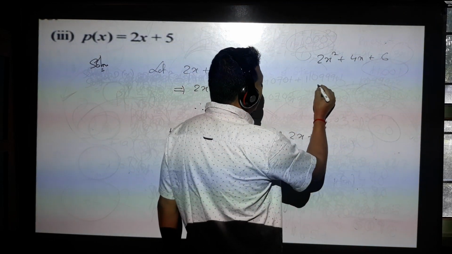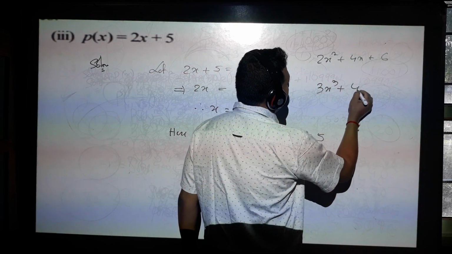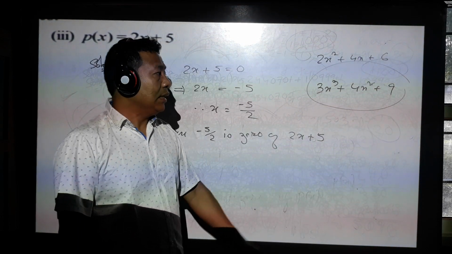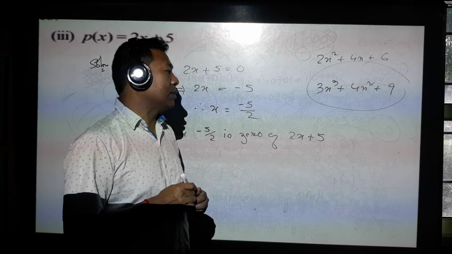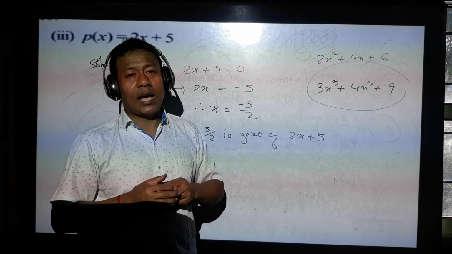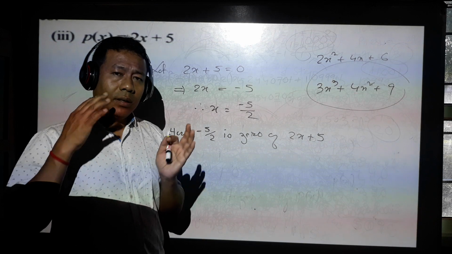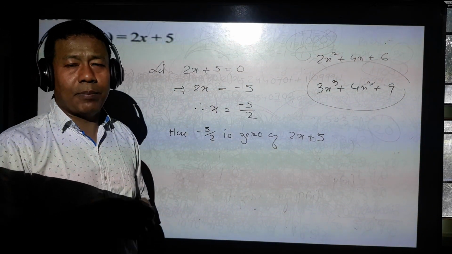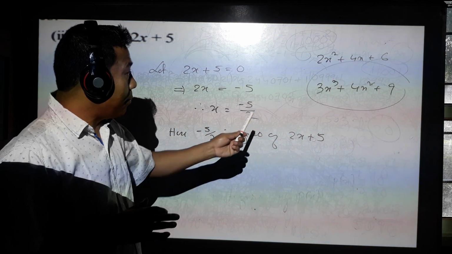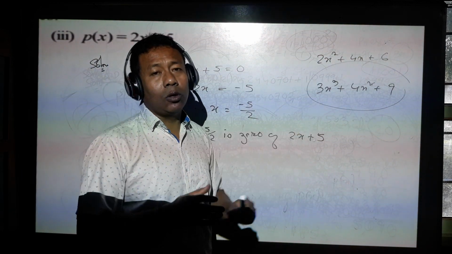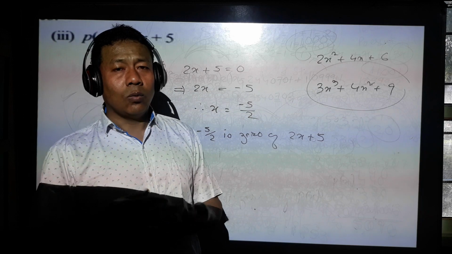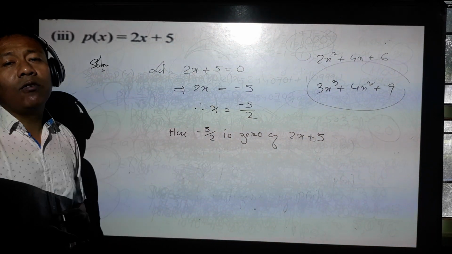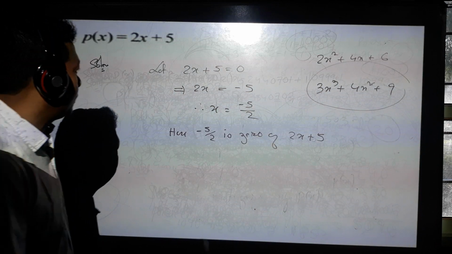And you can also have, for example, a cubic polynomial. The maximum number of zeros this polynomial can have is 3. It's not compulsory that every polynomial will have zeros. It may have or may not have. But the maximum number of zeros a cubic polynomial can have is 3. What about the biquadratic, where the degree is 4? It can have at a maximum 4 zeros.